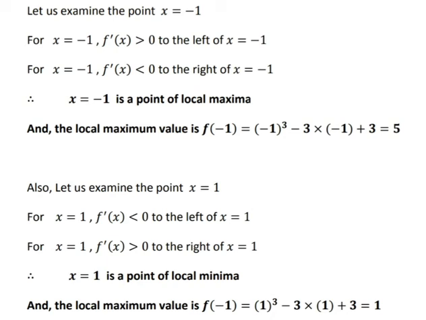So we do again the same thing to the number x equal to 1. We assume that we are taking a number on the left of 1, just lesser than 1, a little lesser.